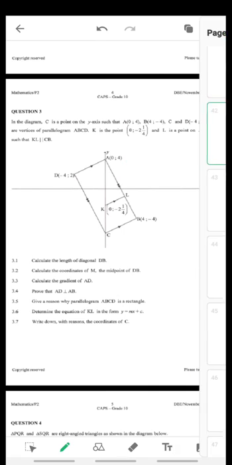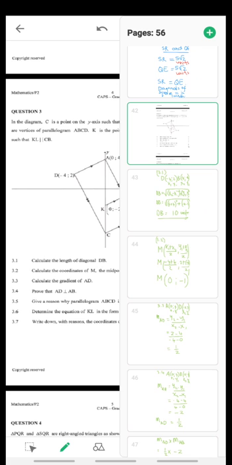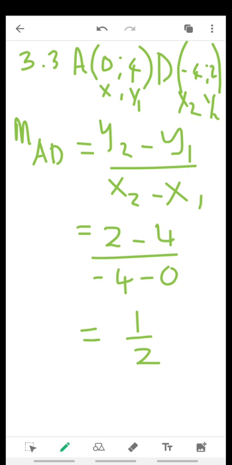And then 3.3, calculate the gradient of AD. Do we have the coordinates of A? Yes. Do we have the coordinates of D? Yes. So we can find the gradient using the gradient formula. I've written down A and D and allocated them as x1, y1, x2, y2.